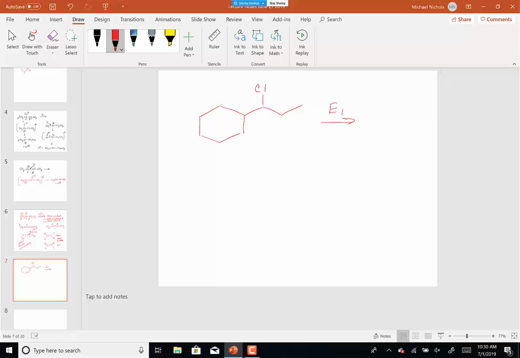Then choose one, and look at the product, then choose the other one.